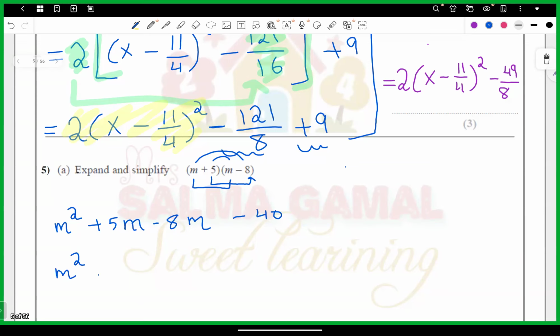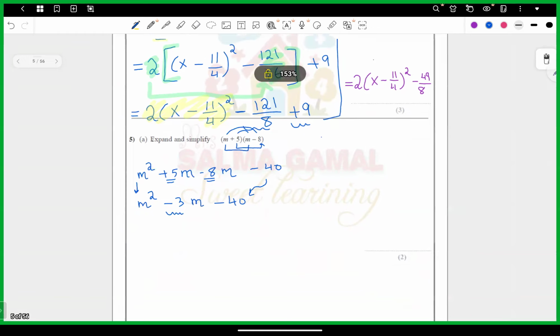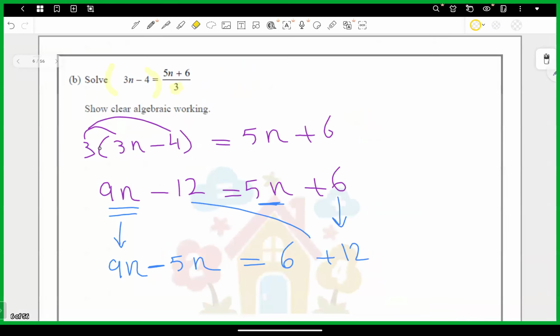Combine the like terms together, so this equals minus 3m minus 40. Minus 8 plus 5 equals minus 3. And bring down m squared and the constant like this.